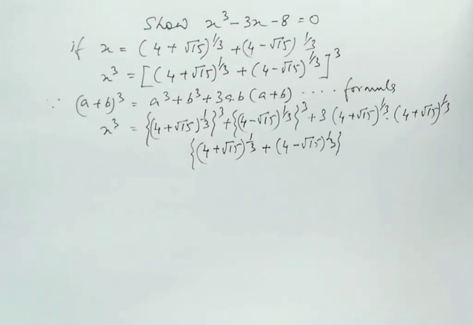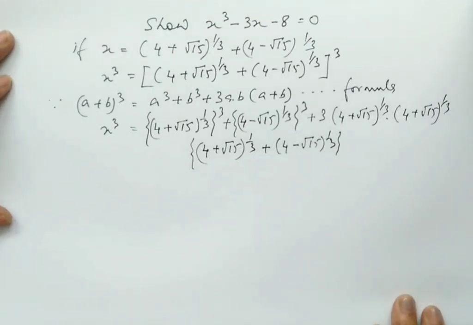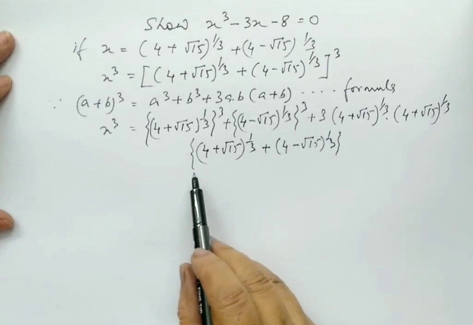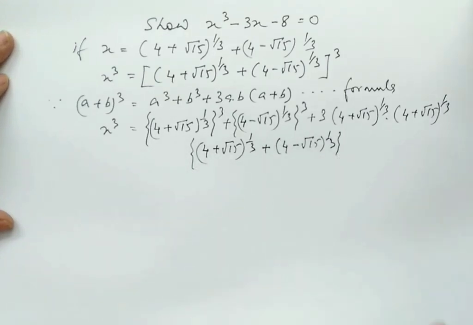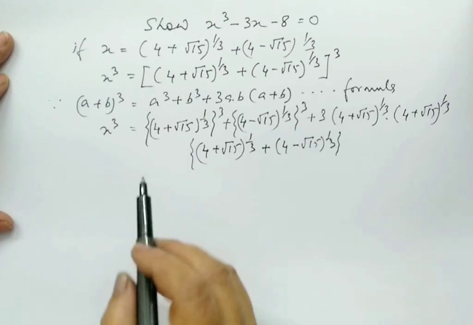Got it? My curly bracket is not very good looking, guys, so bear with me. I'm learning how to write a curly bracket. The left one goes well, but the right one always somehow doesn't. So excuse me for that.